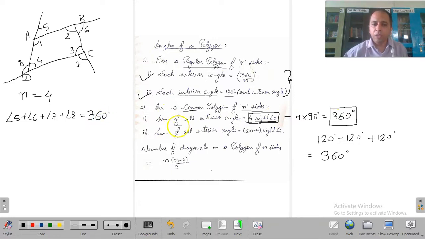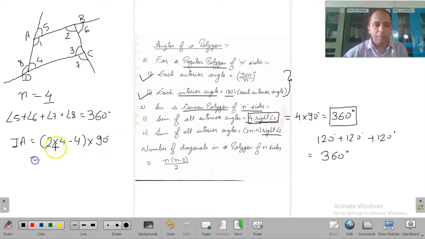Now what is the sum of all interior angles? Let's apply the formula. 2 multiplied by n. n is how much? 4. 2 multiplied by 4 minus 4, multiplied by a right angle. A right angle is how much? 90 degrees.